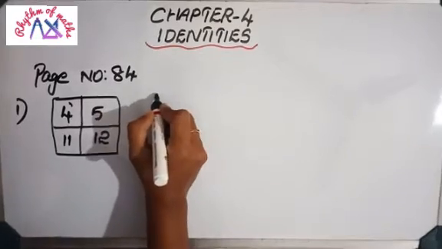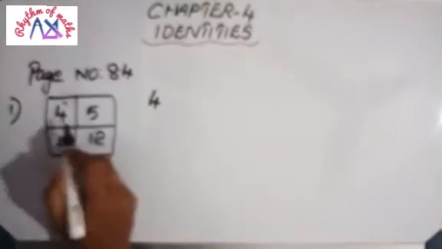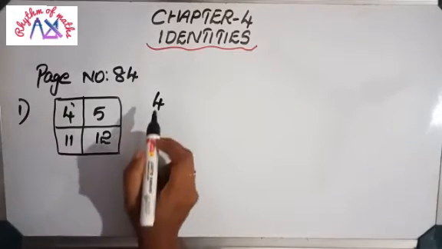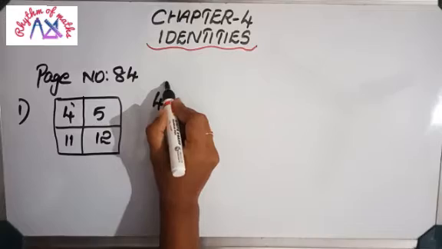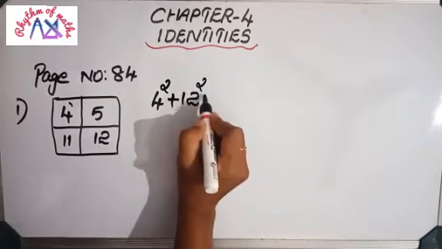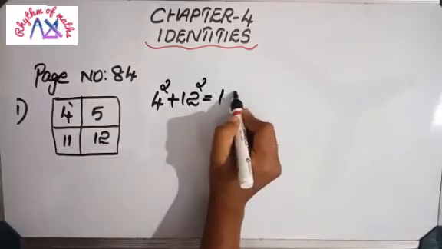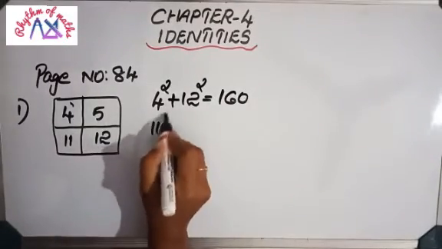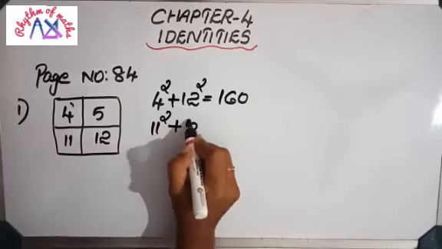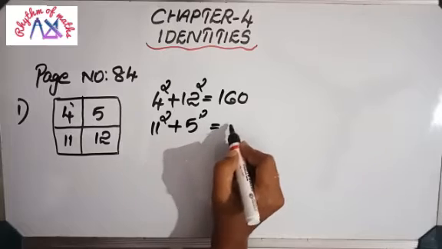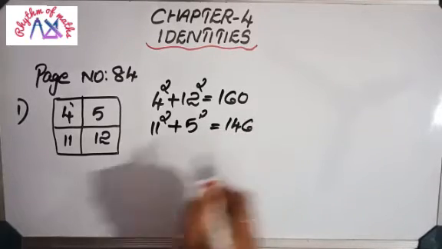The answer is already given. First find the sum of squares of the diagonal numbers, then its difference. 4 square plus 12 square equals 160. Next is 11 square plus 5 square, and here the answer is given as 146.